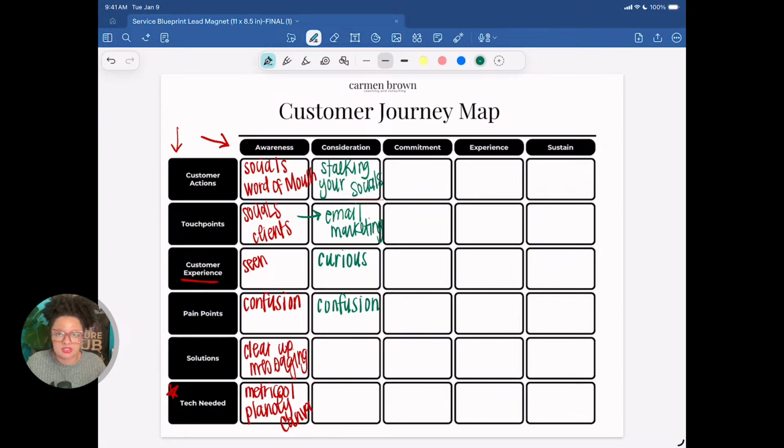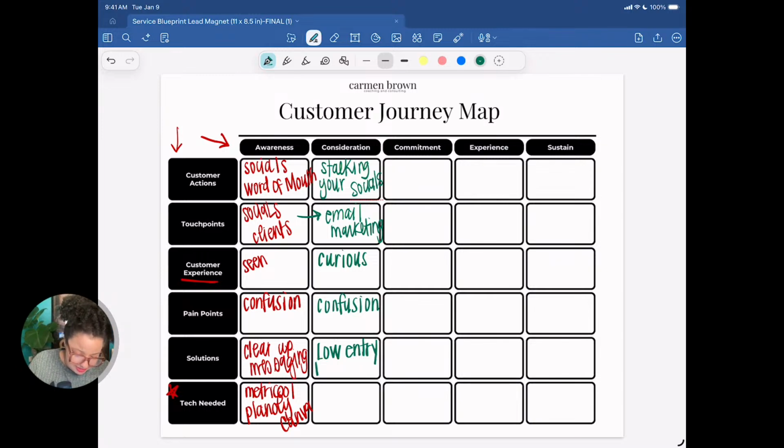So what is the solution to the confusion? I want to say it's a low entry point. That's your tier 0. A low entry point would be the solution, so that you can go ahead and give them some value before they even get on a call with you or before they even say yes.